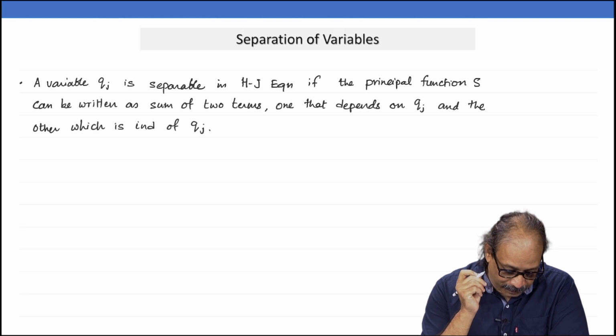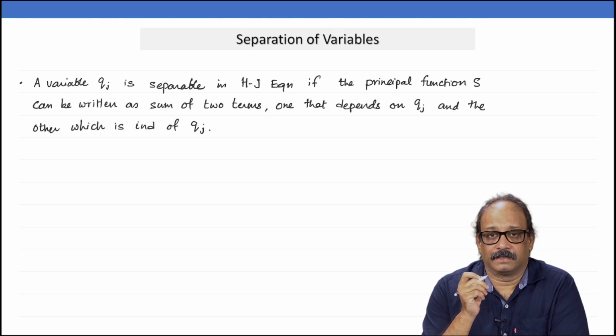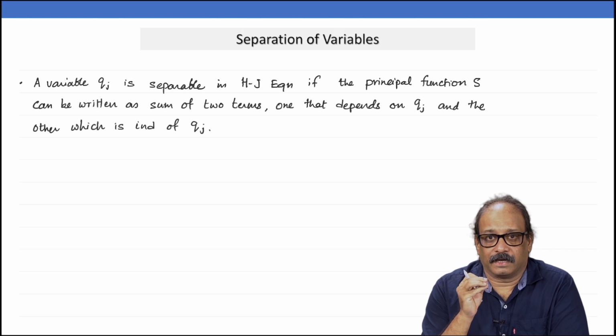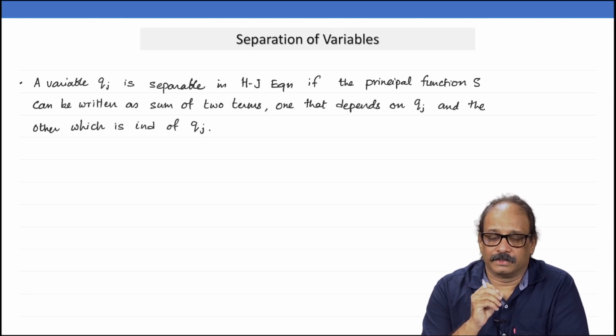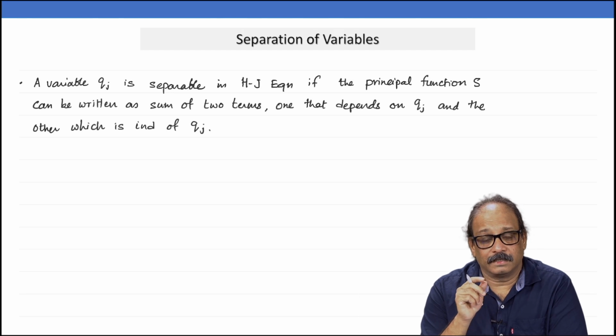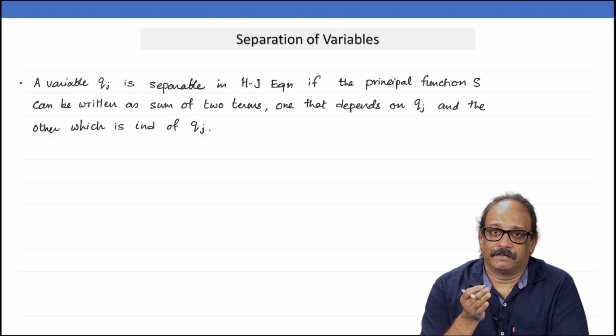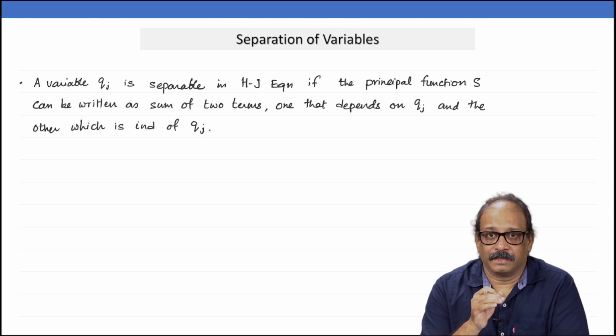A variable q j we will call separable if we can write Hamilton's principal function S in two terms. One of the terms will depend only on q j, and the other term must be completely independent of q j. Then we say variable q j is separable in the Hamilton-Jacobi equation.